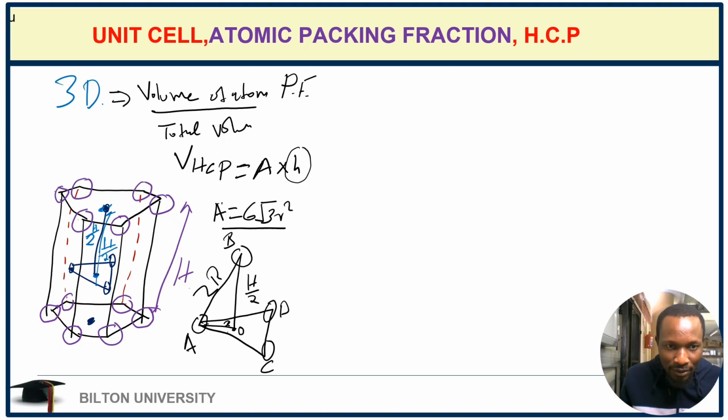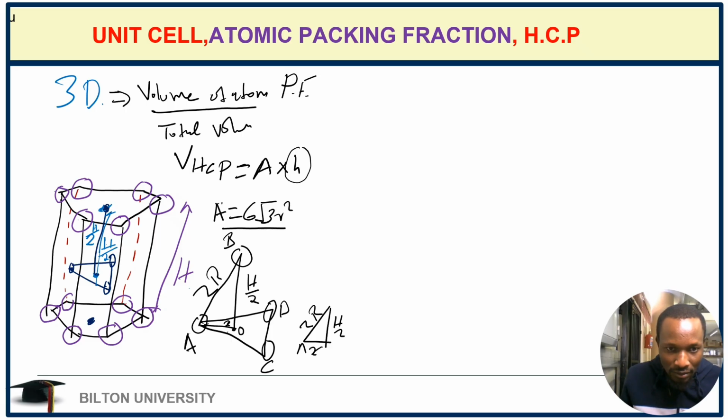This is the hypotenuse, and this is h over 2, and because it forms a right angle triangle, it looks something like this: 2r, then we have our h over 2, and this is our x.